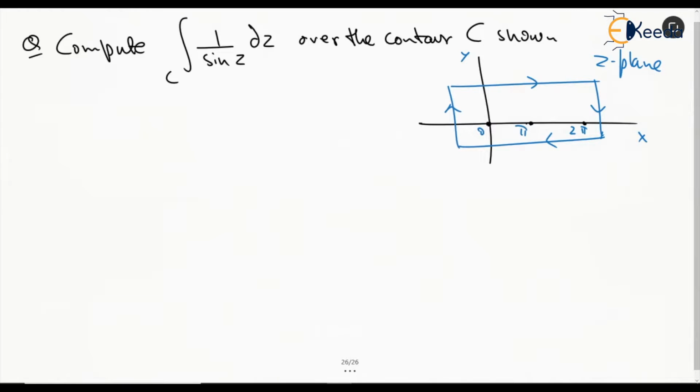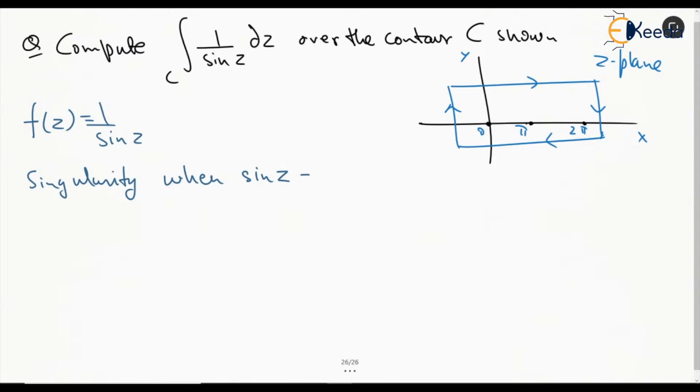So the function given is 1 by sine z, and the singularity for this is when sine z becomes 0, that is z can be n pi, right?